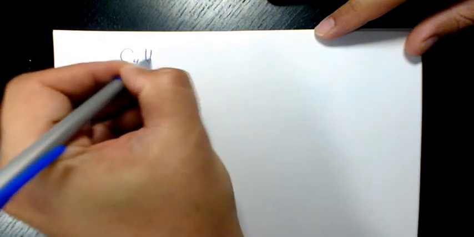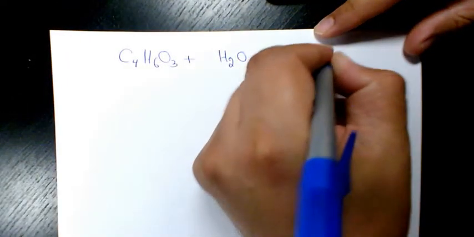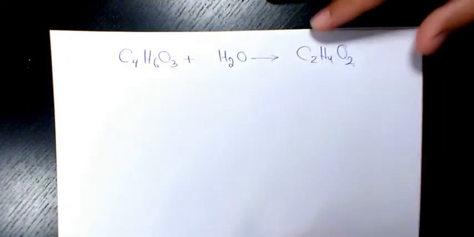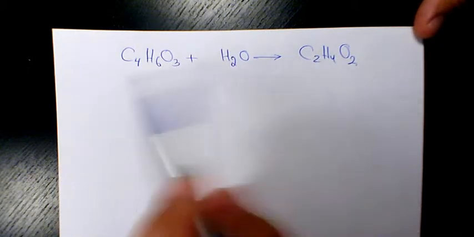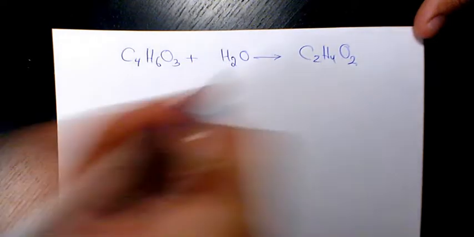Next we have C4H6O3 plus H2O is going to give us C2H4O2. So here we have 2 carbon atoms and we have 4 carbon atoms, so I'm going to put 2 in there.